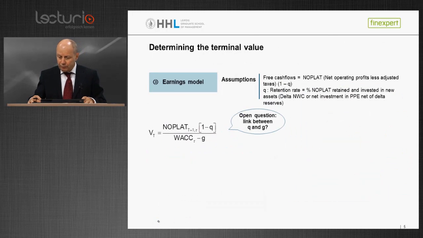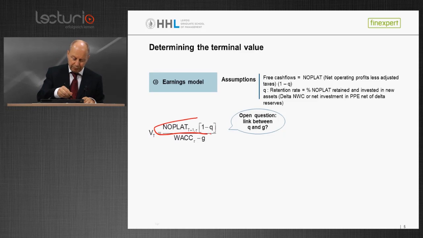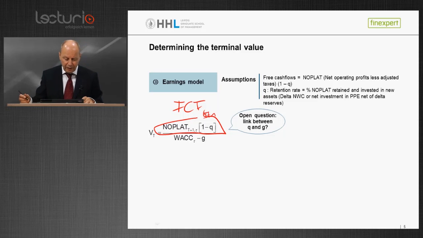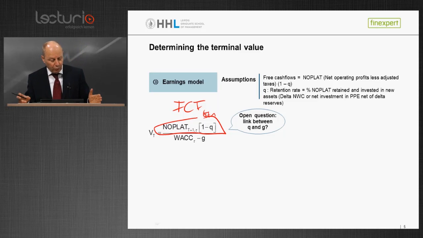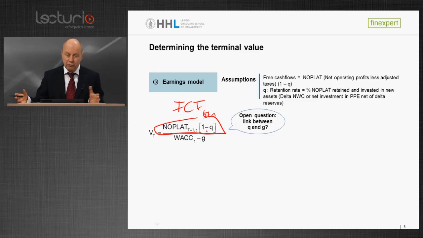So the first step to approach this Gordon-Shapiro model is to replace the free cash flow by an earnings figure. You see here that we replace the free cash flow in the first year of our terminal value phase by the NOPLAT, net operating profits less adjusted taxes, which is the EBIT times 1 minus the tax rate, times a factor that is 1 minus the retention rate.